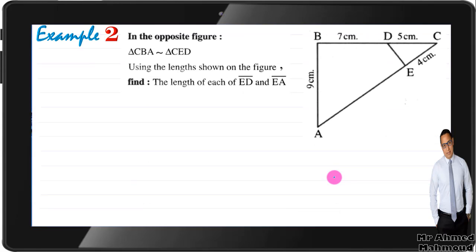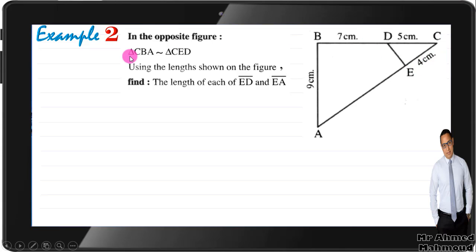Here is the second example with us. In the opposite figure, triangle CBA is similar to triangle CED.